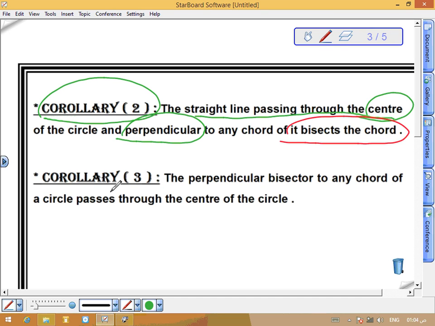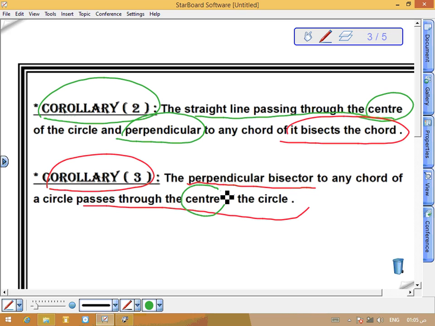Here we have that in the third corollary, the perpendicular bisector to any chord of a circle. Let's see what's the result. It will pass through the center of the circle. So the given here, the first point, it is perpendicular and bisector.